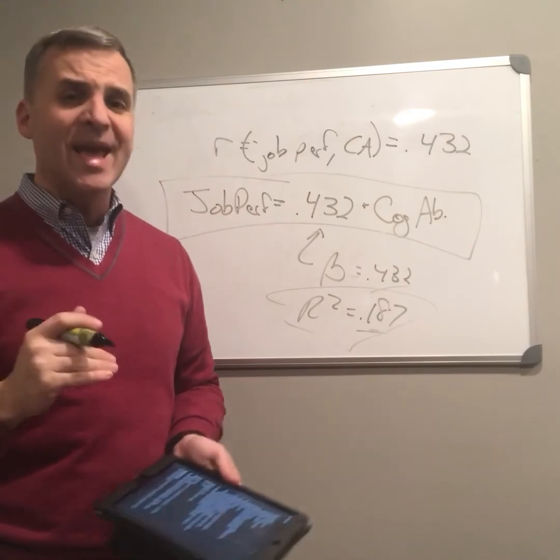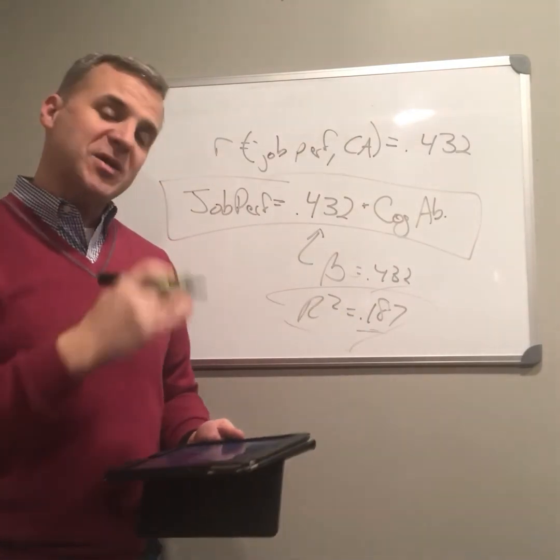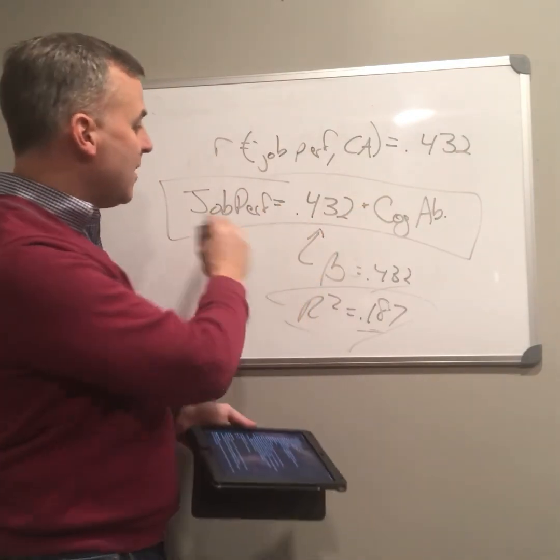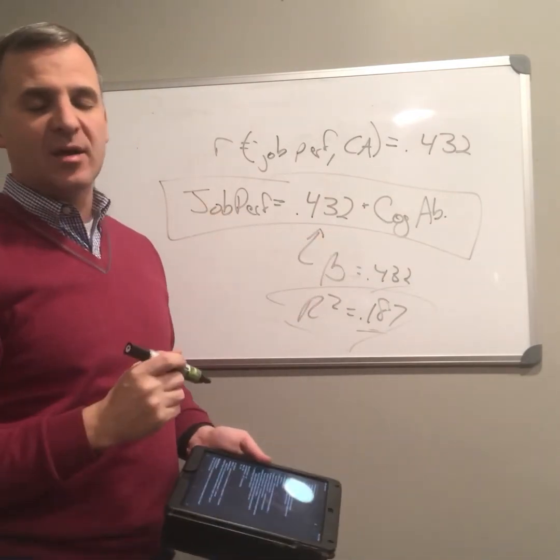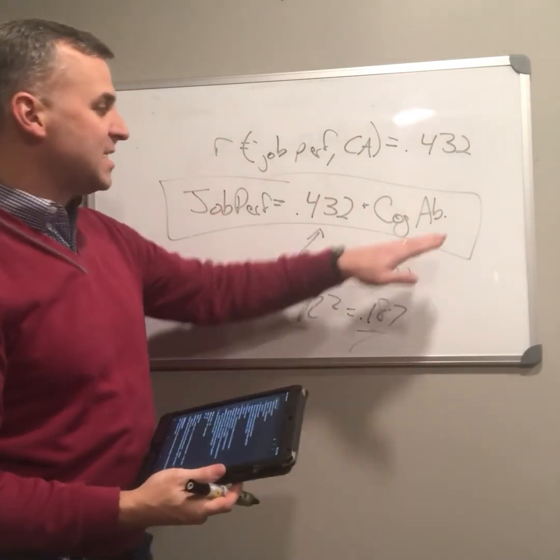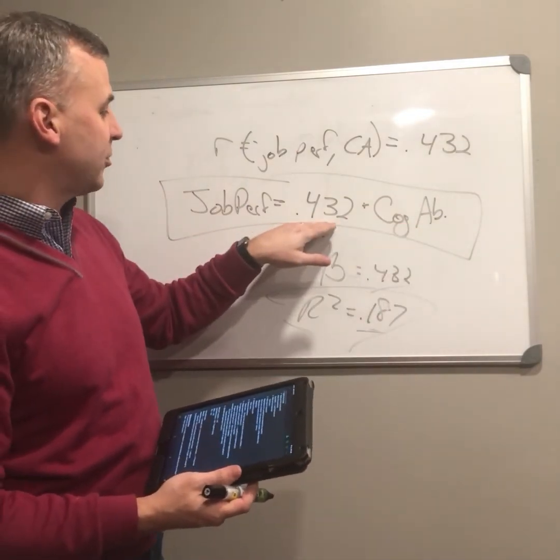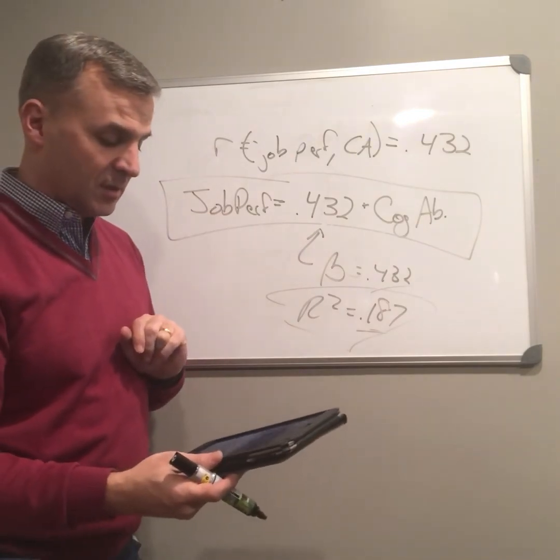So we can't get too wrapped around the axle about it not seeming like much. Anyway, that's Cortina et al. predicting job performance from cognitive ability. And this is how you would interpret this standardized regression equation. A single standard deviation increase in cognitive ability is equal to 0.432 standard deviation difference in job performance.